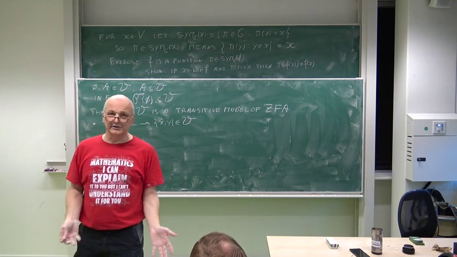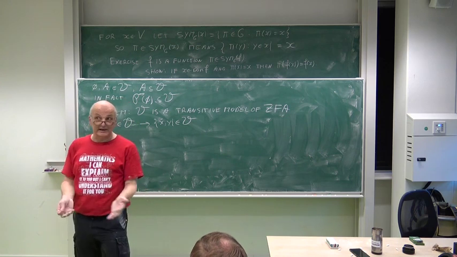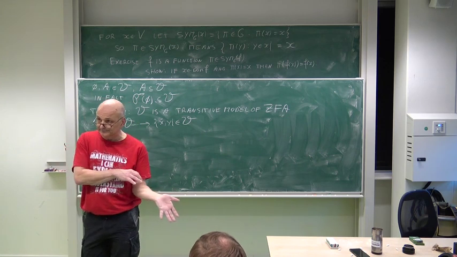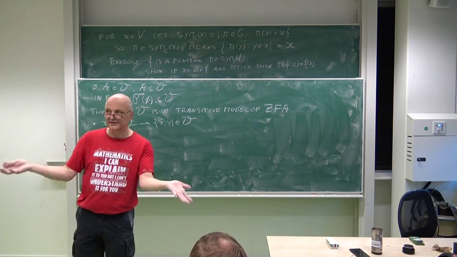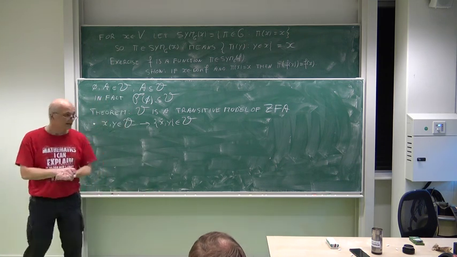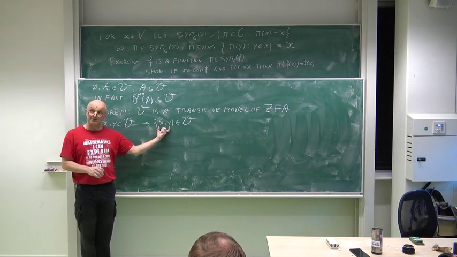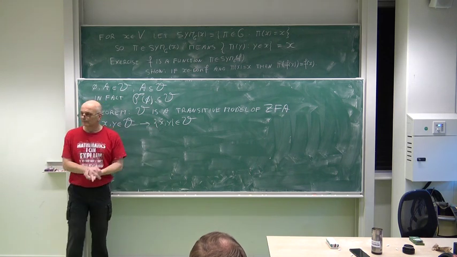So all we need to do is show that the pair actually lives in script V. Because there's only one possible unordered pair of x and y anyway, and if we just show that it is a member of that thing, fine, we have our pair.